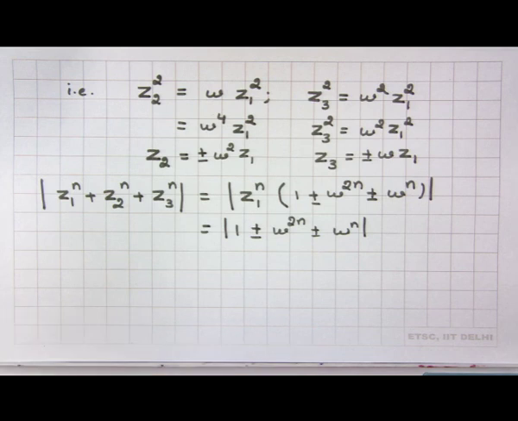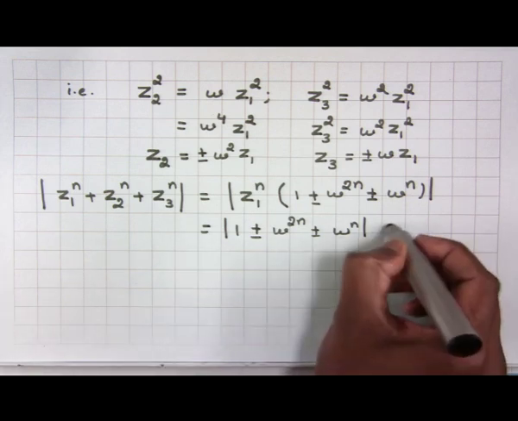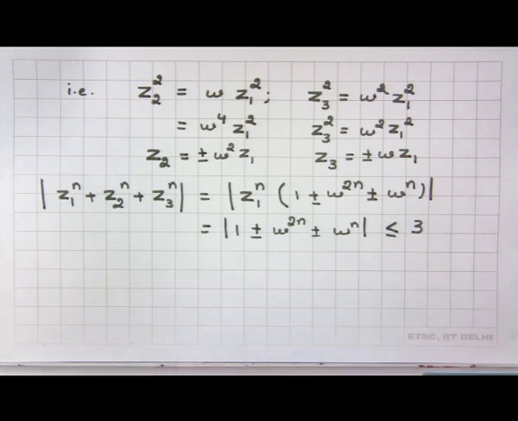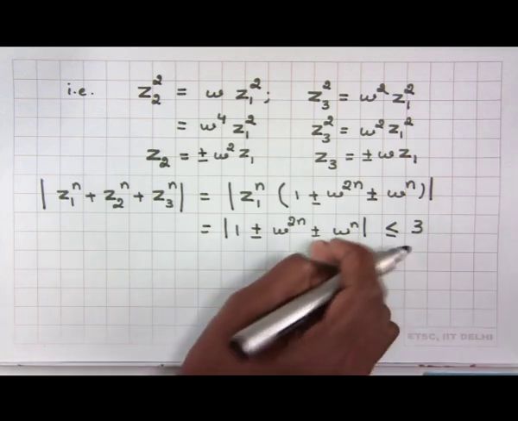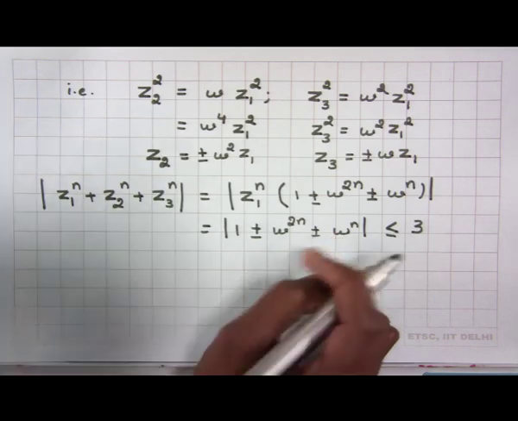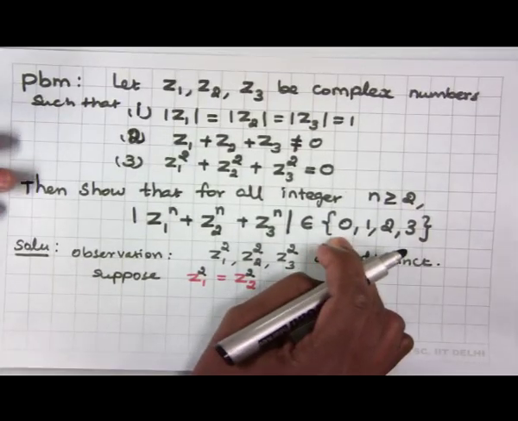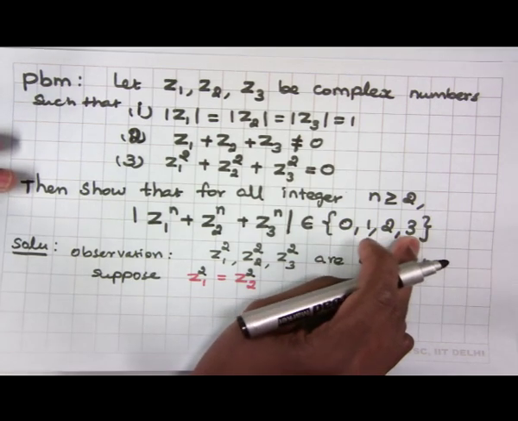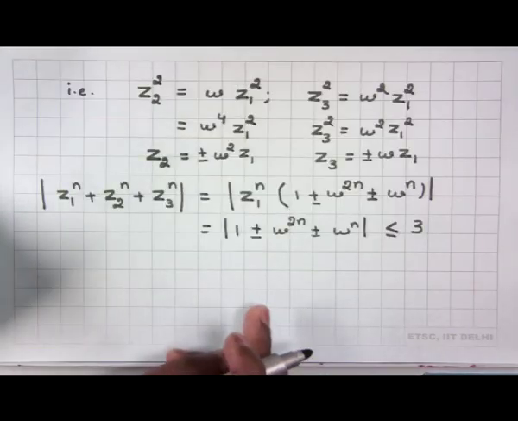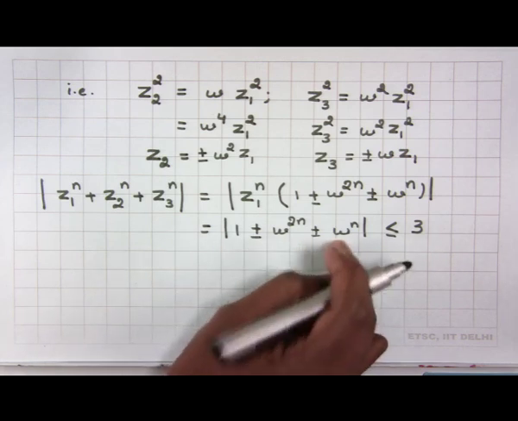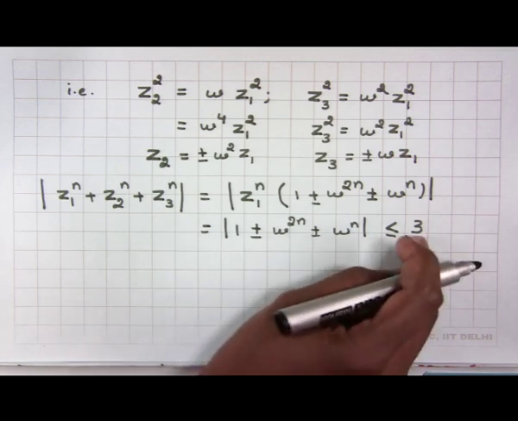Thus, immediately what we can say is this is less than or equal to 3, but our intention is to show that its value is precisely either 0, 1, 2, or 3. It will not take any real number other than the integers between 0 and 3.